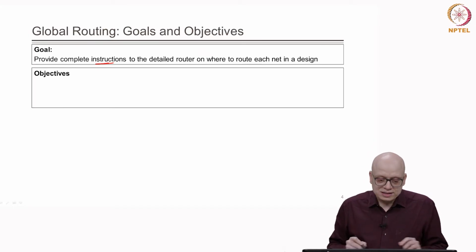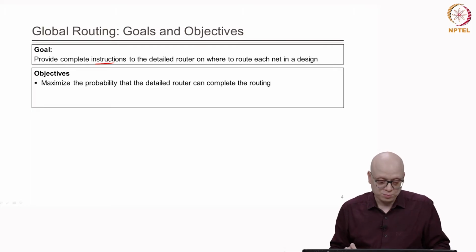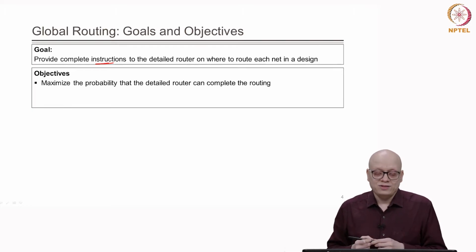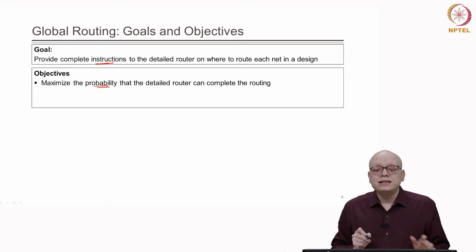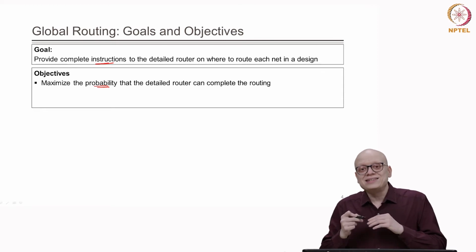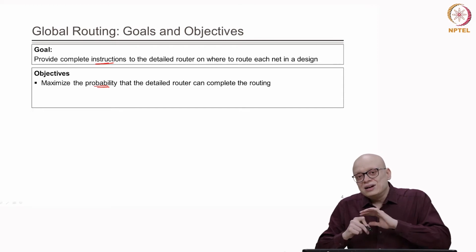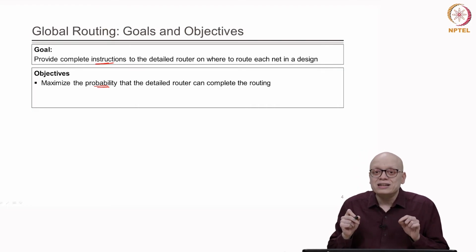Now, during global routing, what are the objectives it must try to achieve? First, it should maximize the probability that the detailed router can complete the routing, meaning it should take decisions such that the routability of our design improves, or that the detailed router will not fail.